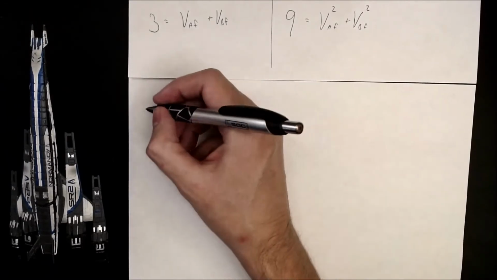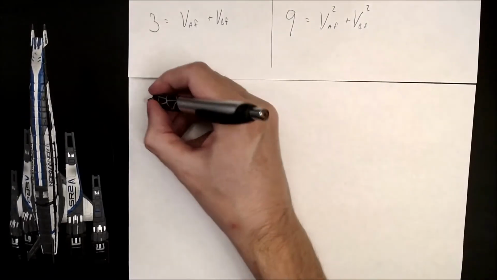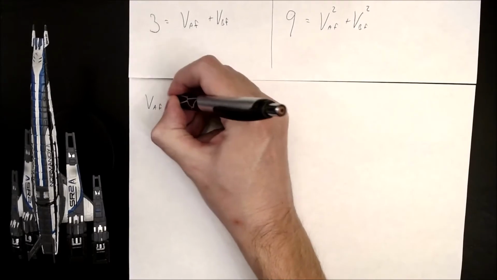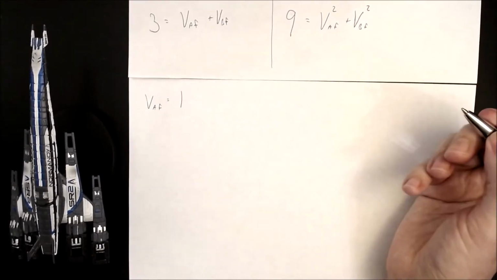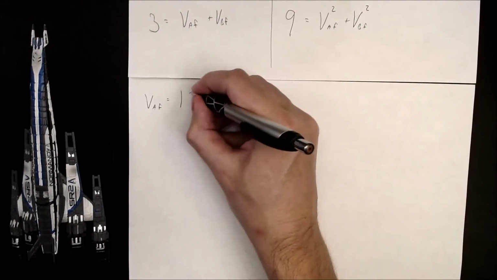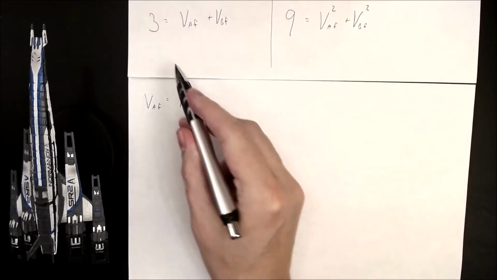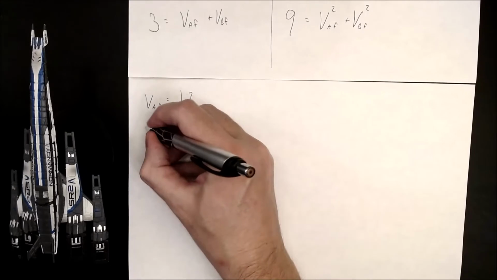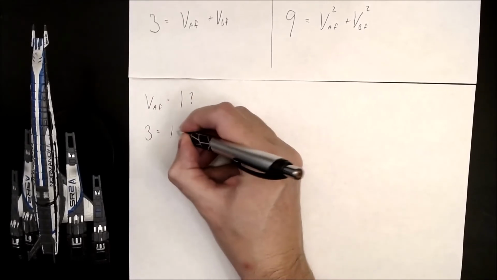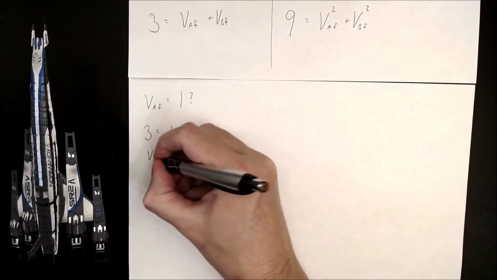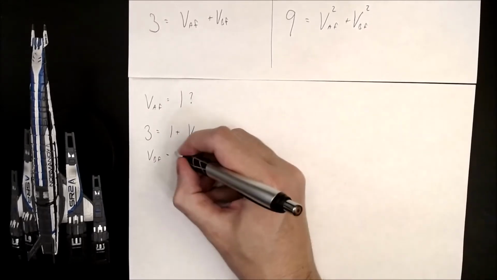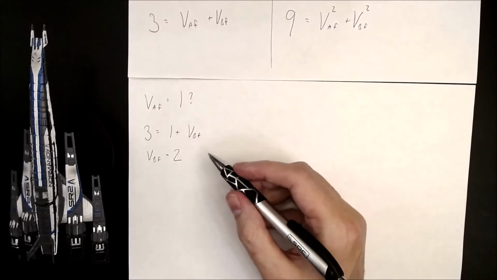I'm going to say, how about that v_A final, I don't know what it's going to be. Maybe it's going to be 1 meter per second. We'll try it in this equation first. 3 is equal to 1 plus v_B final. Well, v_B final would definitely have to equal 2, if that's true.